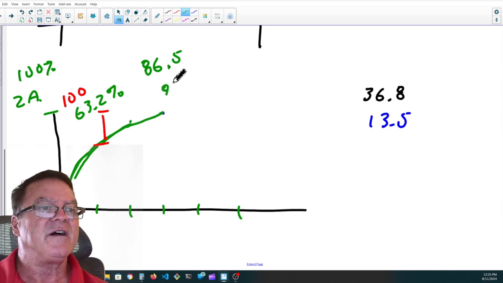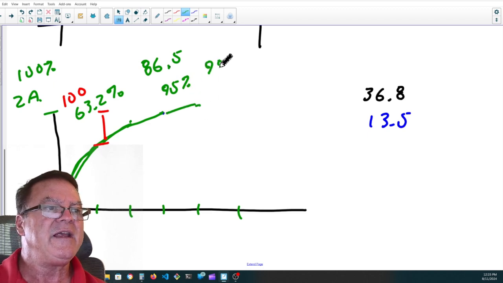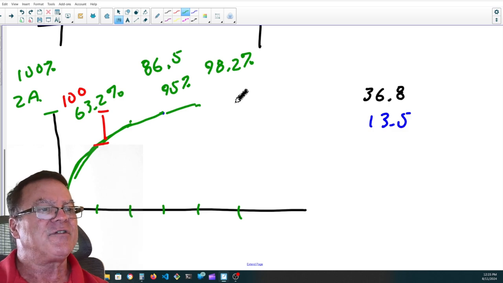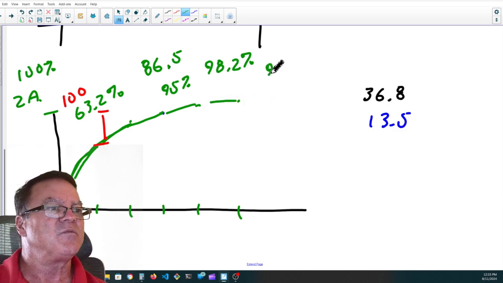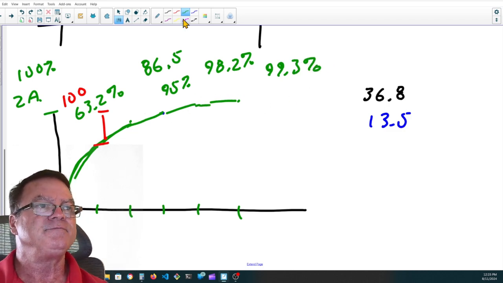I'm at 95%. And after 4 time constants, I'm going to be at 98.2%, I believe. Okay. After 5 time constants, we're going to be at 99.3%, and that's close enough to 100 that we just go, okay, we're done.